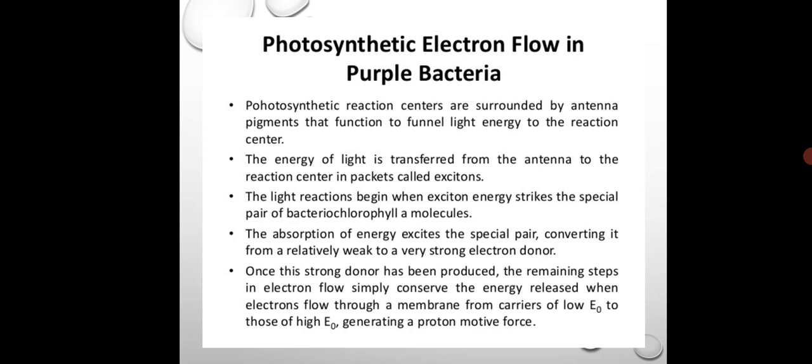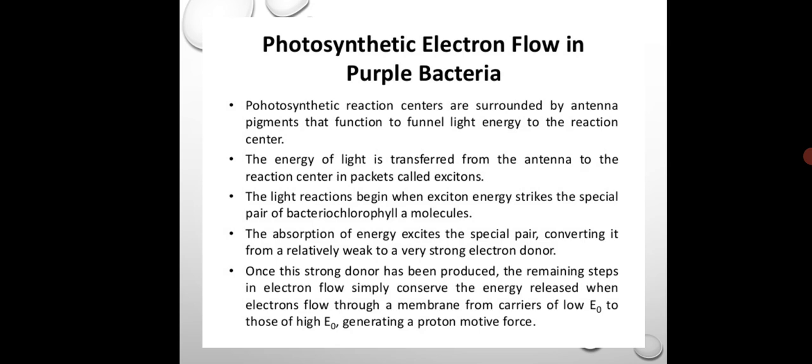Next, if we speak about this flow of electron, then photosynthetic reaction centers, same, it begins with the reaction center as we have shown in the oxygenic mechanism. So photosynthetic reaction centers are surrounded by the antenna pigments, and we know the function of antenna pigments.